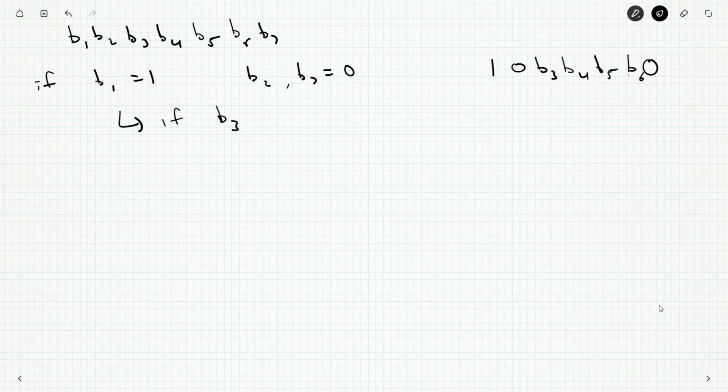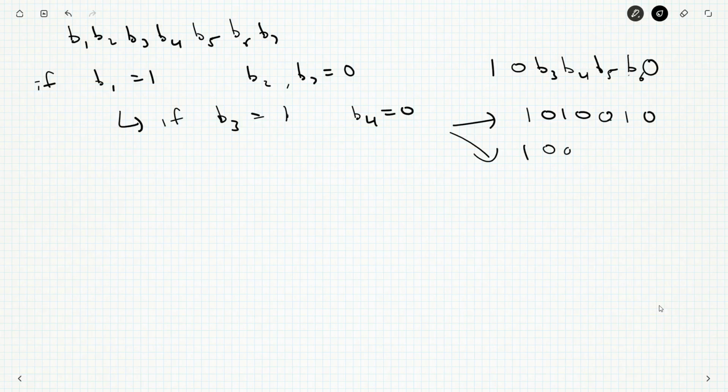If b3 equals 1, then b4 is 0, and we get 2 possibilities: 1, 0, 1, 0, 0, 1, 0 and 1, 0, 1, 0, 1, 0, 0. Okay.